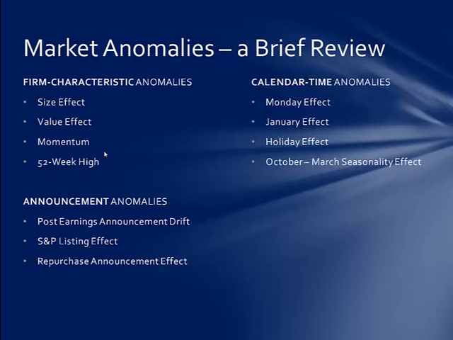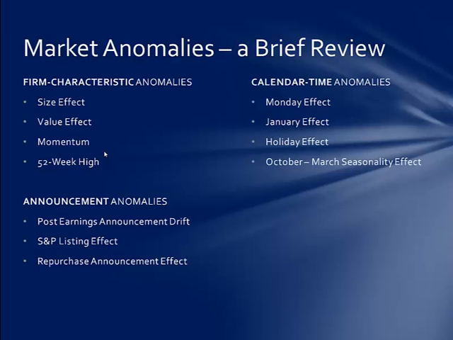We also have the S&P listing effect, which is that stocks that are being added to the S&P 500 enjoy a pop, a positive stock price reaction upon the announcement of the news. We also have the repurchase announcement effect. So when a company announces that it's going to repurchase its stock, we know that that stock price generally also enjoys a positive stock price shock. Those would be some of the more common announcement anomalies.